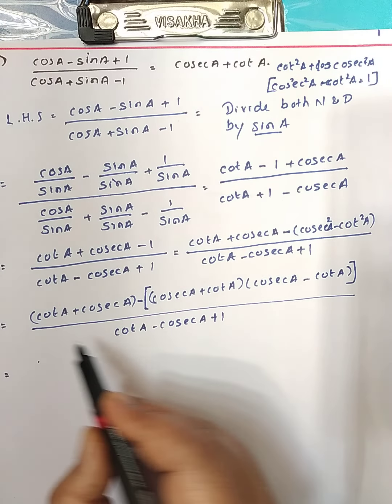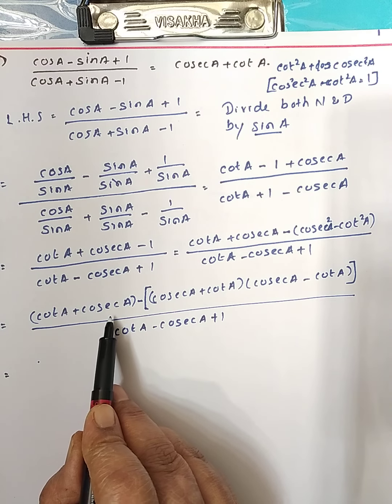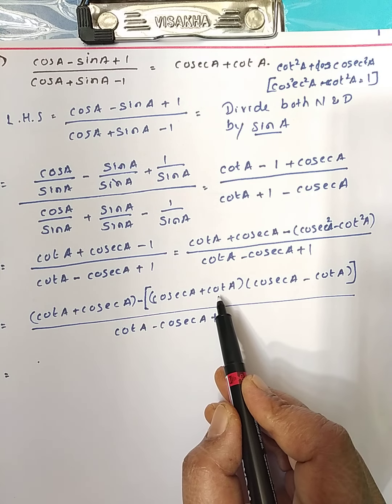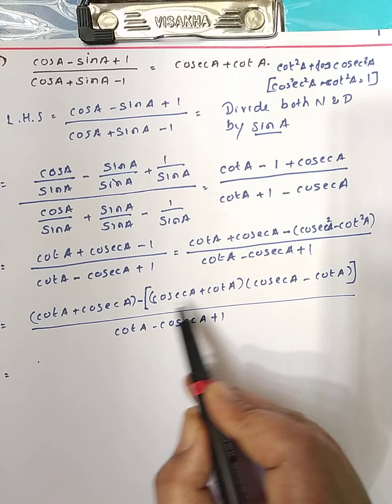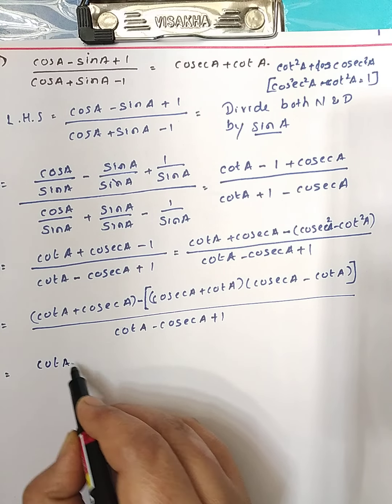Here in the first term cot A plus cosec A is there, and in the second term cosec A plus cot A is there. So take out cot A plus cosec A as the common term.